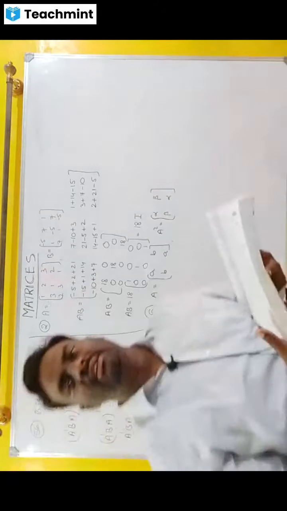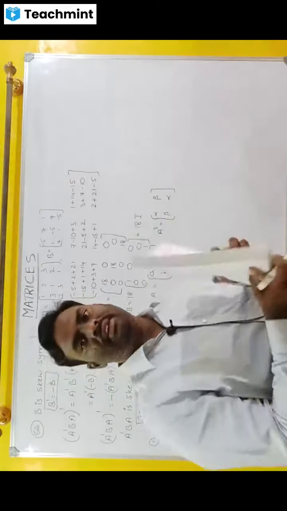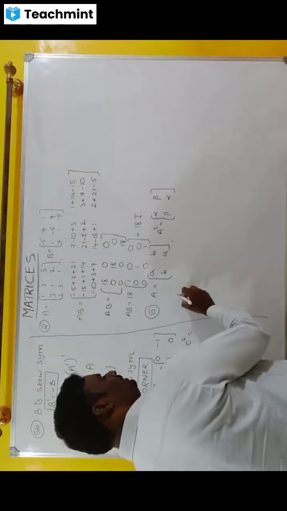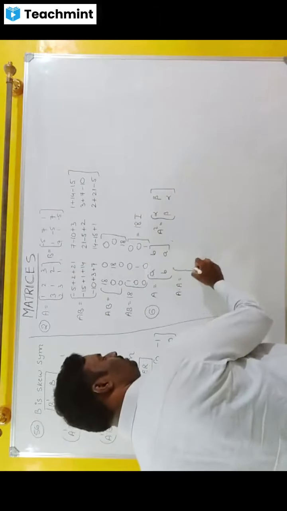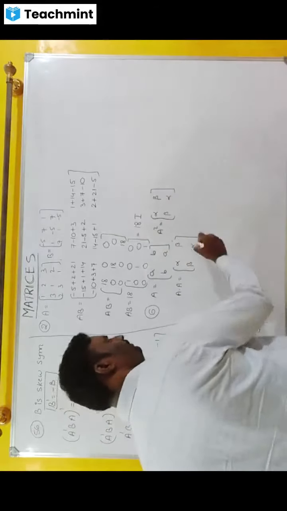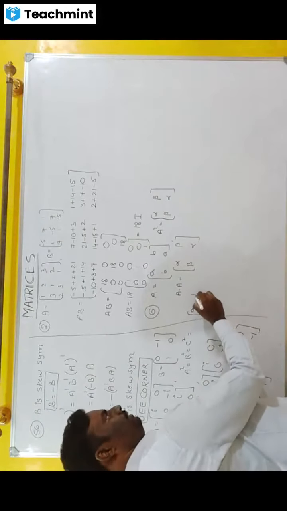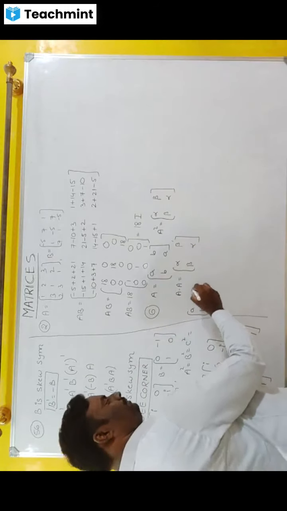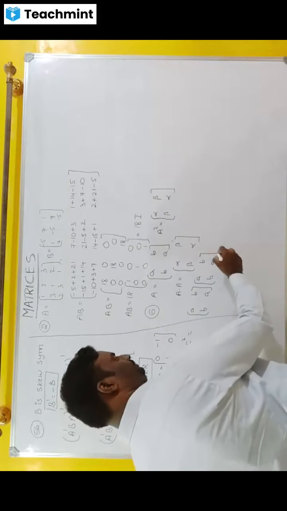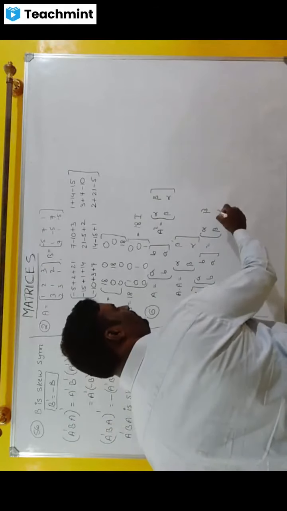So the A matrix is given and the A square matrix is given; we need to find the alpha value and beta value. This A square I can write as A into A. Then A into A is equal to [alpha beta; beta alpha]. A into A matrix is what? [a b; b a] again the same, [a b; b a]. That equals [alpha beta; beta alpha].